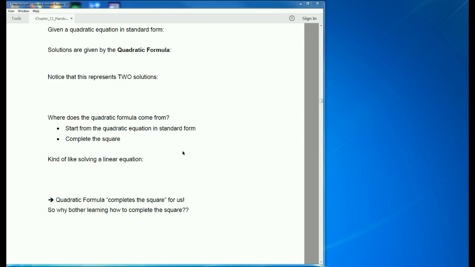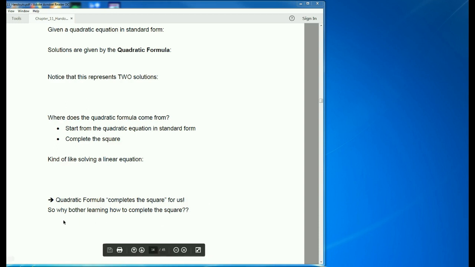And then you just do a series of algebraic manipulations, which include using the completing the square technique that we went over the other night. And basically that's what the quadratic formula does, is it completes the square for us, because as you probably saw when we did those problems the other night, completing the square is kind of a hassle.